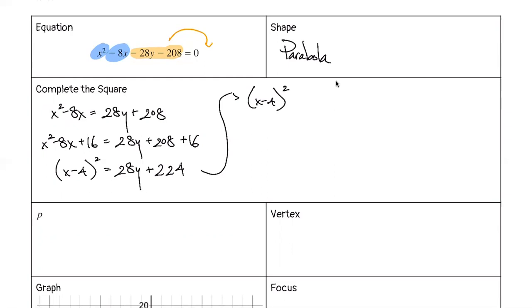We just need to factor out that 28. So 28 times y plus 8. Okay. And this right here is our completing the square. Okay, it looks a little bit different for the parabola because we only have one variable that we need to complete the square for.